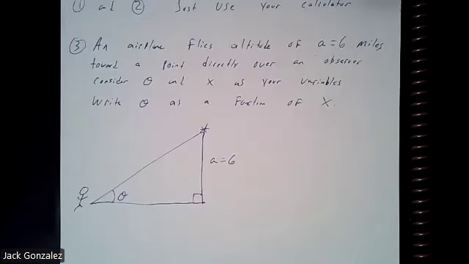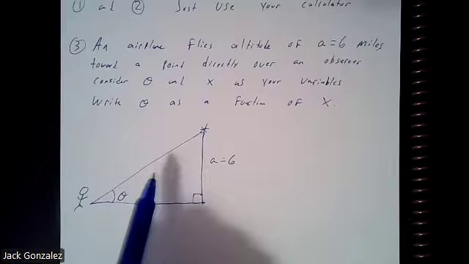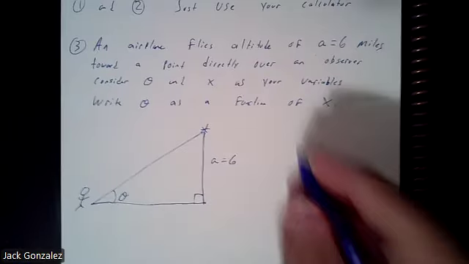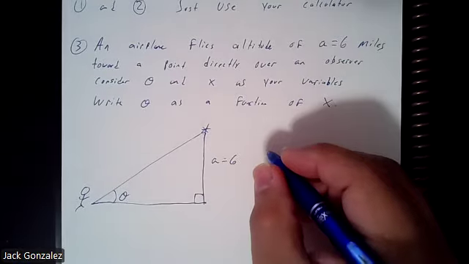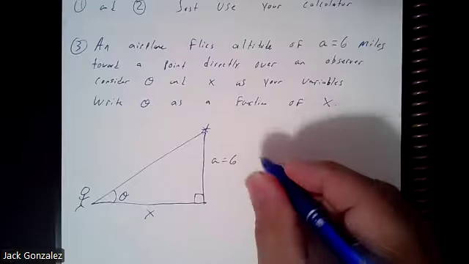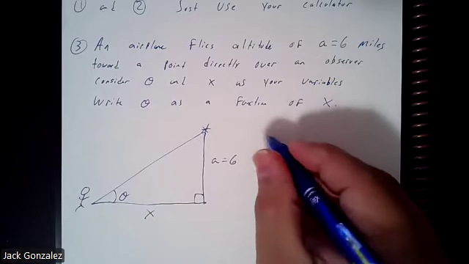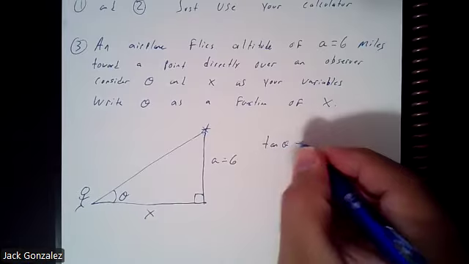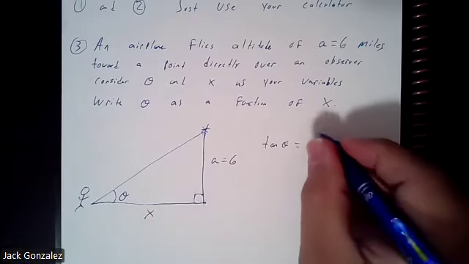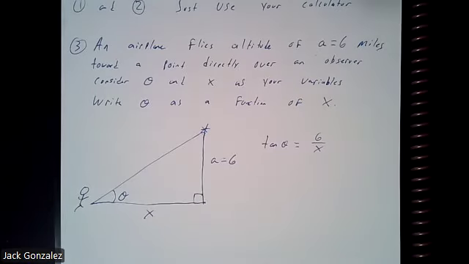So if they want me to write theta as a function of x, we would have to solve for theta. But let's build the triangle, the function first before we do any of that. We'll call this x. That tangent of theta is equal to the opposite over adjacent. So back in test one material.